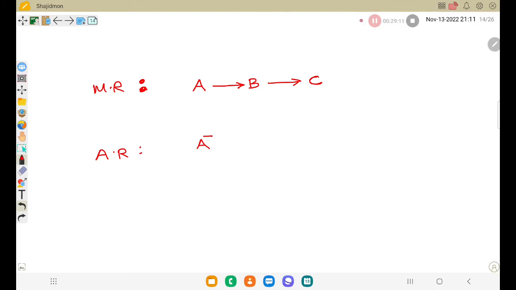Either event A is occurring or event B is occurring, not occurring simultaneously. So the possibility of at least one of the events occurring is M plus N ways. But here the total ways of occurring the event is M multiply N ways. These are the multiplication rule and the addition rule.